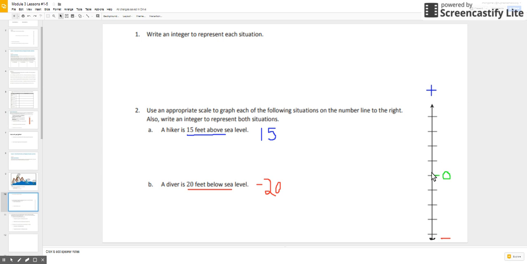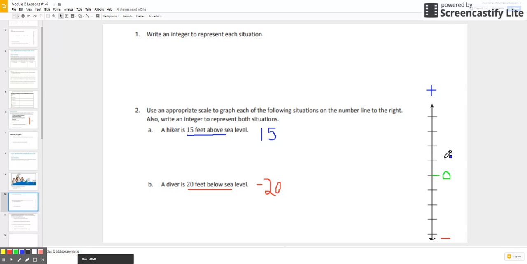Well, if I went by 2s, 2, 4, 6, 8, that still wouldn't be good enough. If I look at both of these, I probably would want to go by 5s. If I went 5, 10, 15, 20, that would give me 15 in the positive. If I went negative 5, negative 10, negative 15, negative 20, that would get me 20 on the bottom. So let's go ahead and do that.